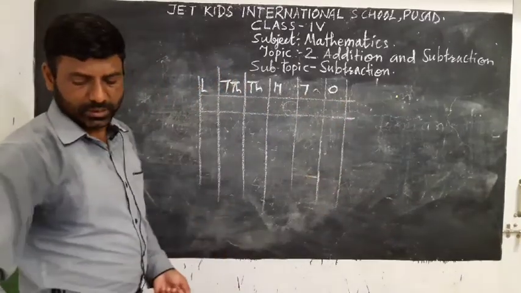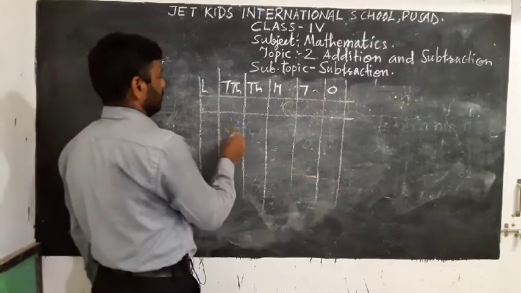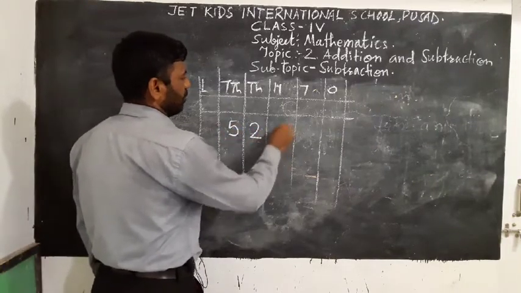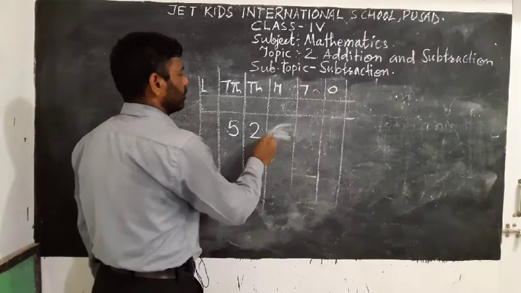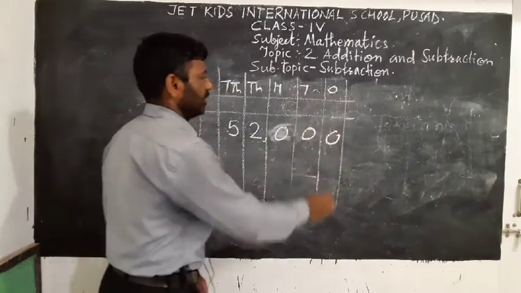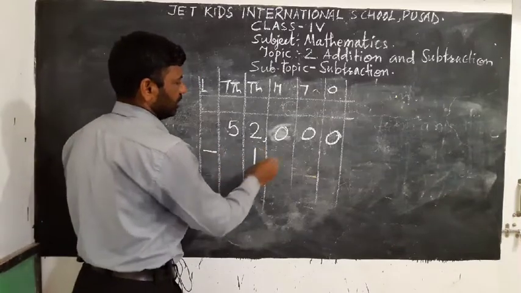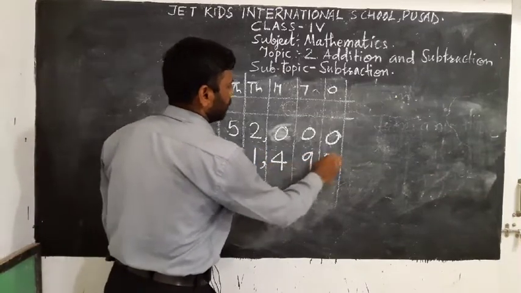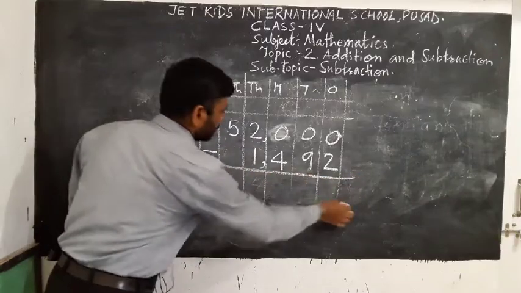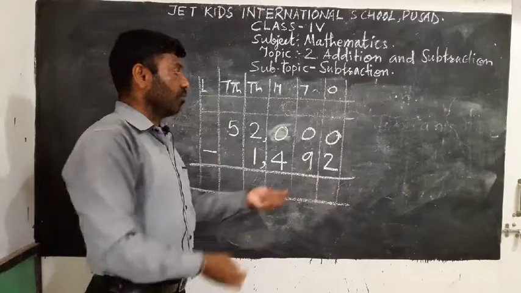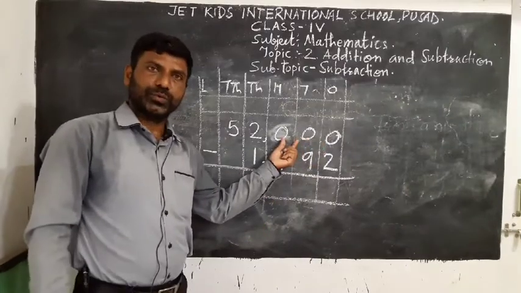Suppose 52,000 with zeros minus 1,492. Still some students are confused about how to subtract from the zeros.